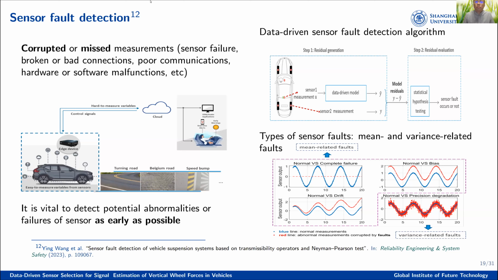So we also developed a data-driven sensor fault detection algorithm, and this related paper was also published recently in RESS, which is a very top journal in reliability, I guess.